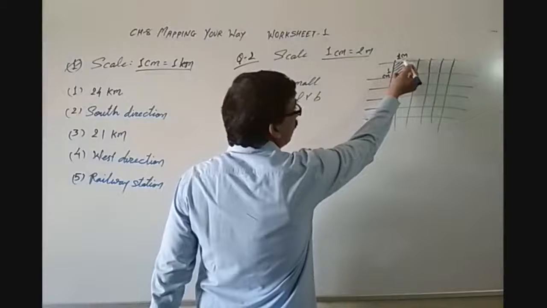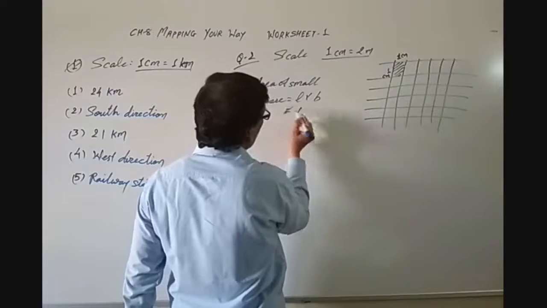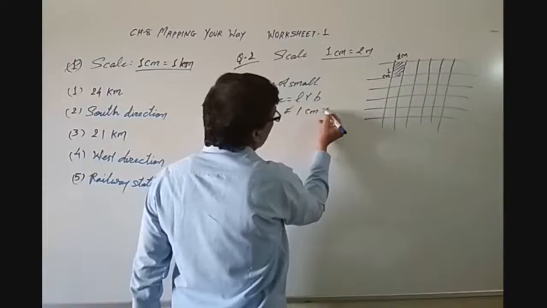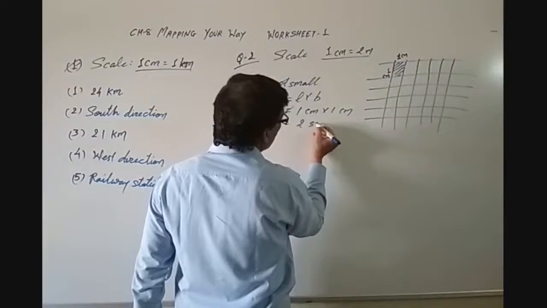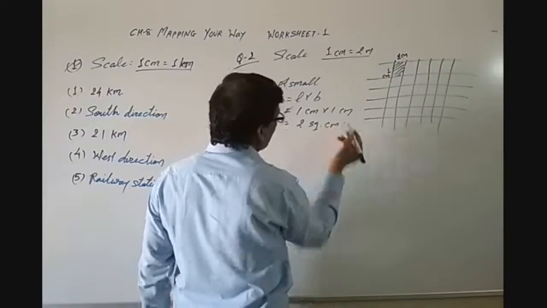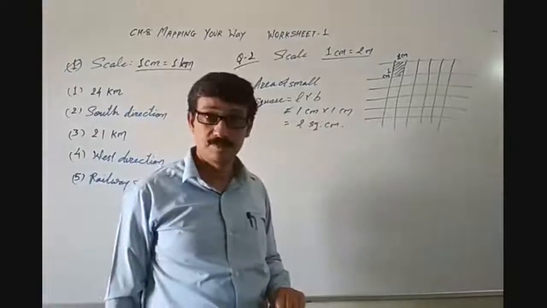And what is the length? 1 centimeter multiplied by 1 centimeter is equal to 1 square centimeter. Okay, it is 1 square centimeter.